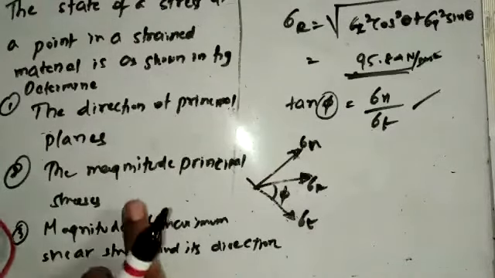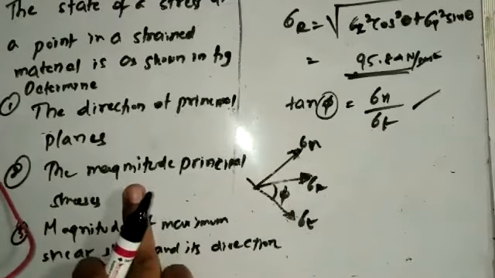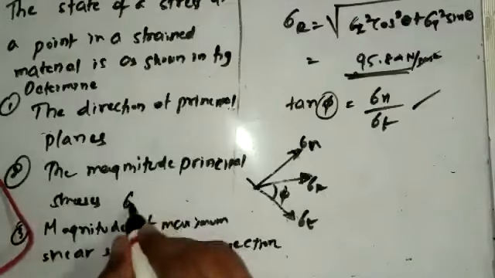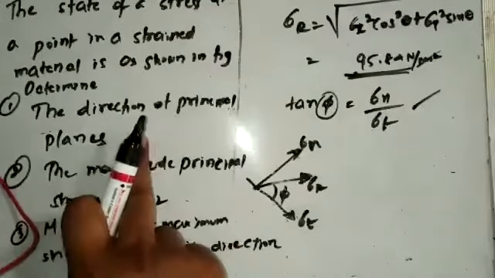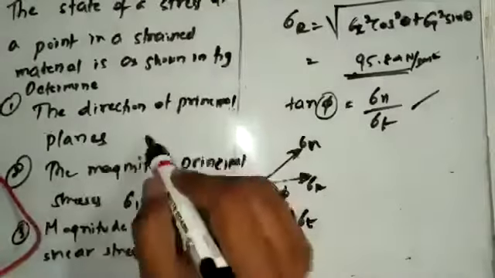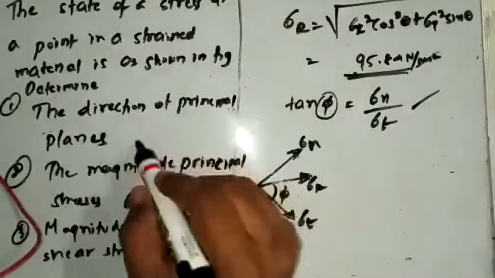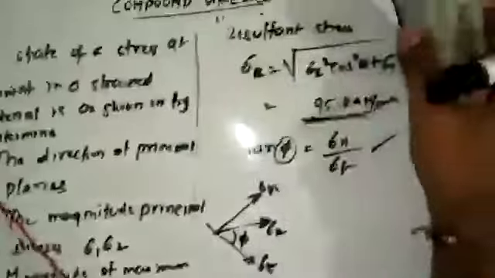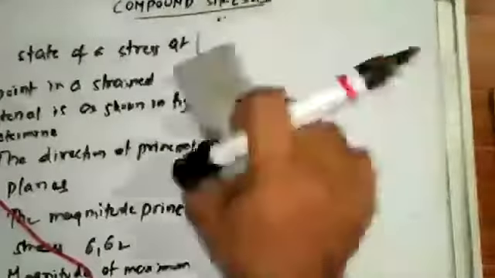You also have to calculate the principal stresses sigma 1 and sigma 2, and the direction, at which angle these principal planes exist. The sketch is like this. Quickly write down the sketch. The meeting will end now.